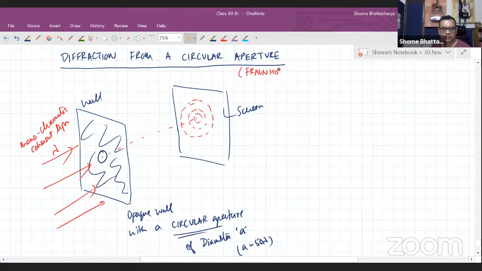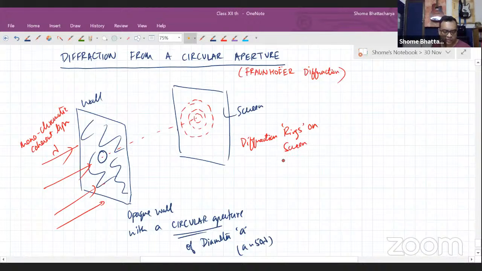I think this is how it is spelled. Okay. So we see diffraction rings on the screen.